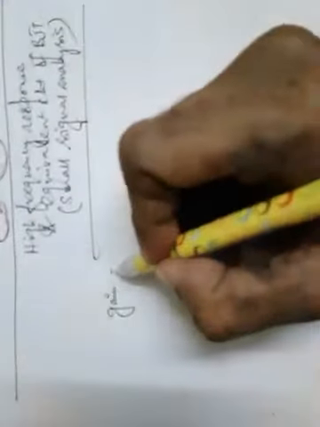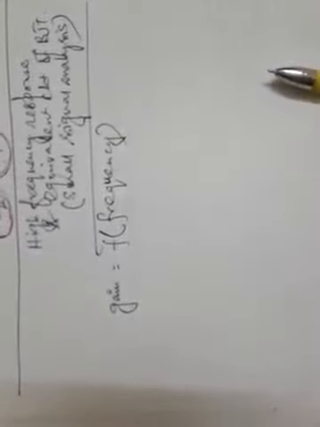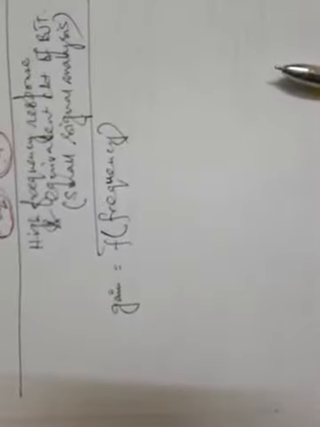So gain is the important point of analysis for this case, and we can say that gain should be a function of frequency, because here we will be seeing the high frequency response of BJT. If the frequency of the input AC signal is varied from a low value to a high value, that variation can be seen functionally to be related with gain. So gain is a function of frequency.